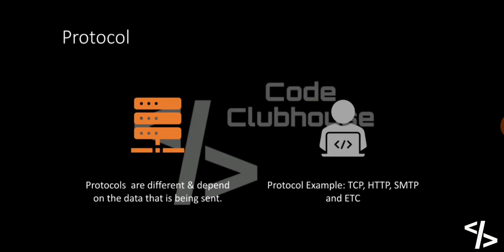So we have different types of protocols. The most commonly known ones are the TCP protocol, which is used to transfer data from one computer to the other, and the HTTP protocol, which is used for the web. You've seen this on your Chrome, on your Bing.